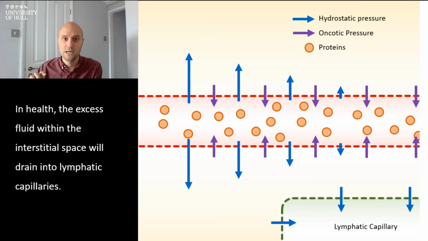There's always a slight excess of fluid that leaves the vessels and doesn't return immediately, and that excess we call net filtration, and that net filtered fluid is actually reabsorbed by the lymphatic capillaries.